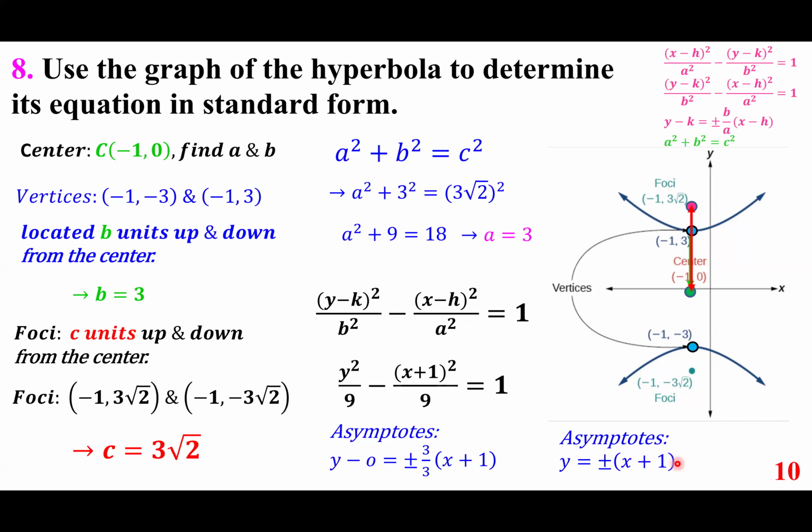That means x plus 1 and minus x minus 1. I want to make sure we understand this is representing two lines, x plus 1 and minus x minus 1, which means they're the asymptotes, everybody, which means they're following the fundamental rectangle.